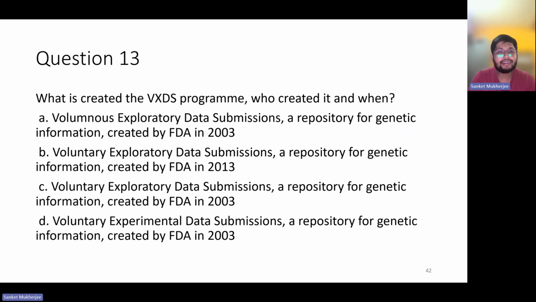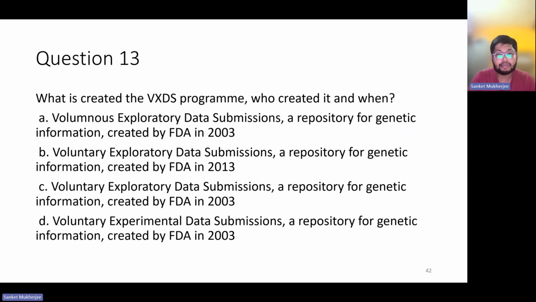The VXDS program, who created it and when? Is it voluntary exploratory data submissions, a repository for genetic information created by FDA in 2003? Voluntary exploratory data submission, a repository for genetic information created by FDA in 2013?